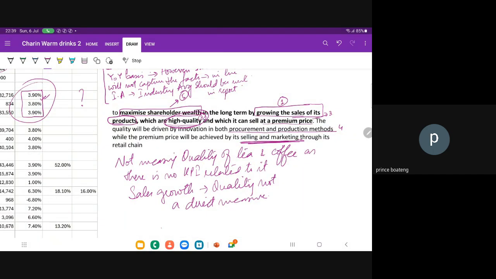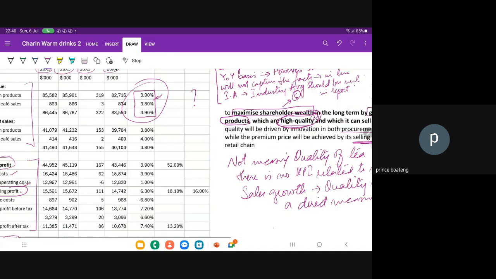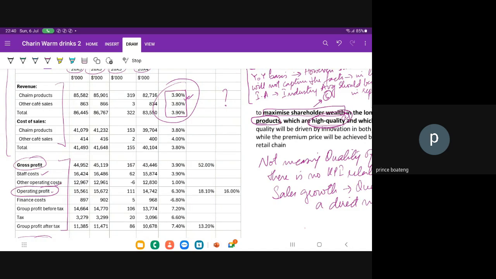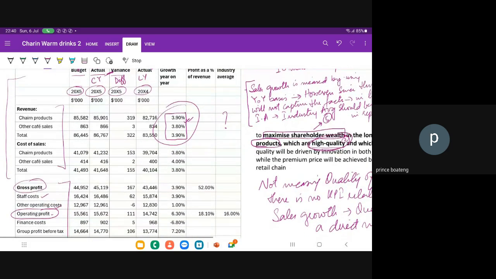Okay. Then it says which it sells at premium prices, right? At premium prices. From this information, revenue is given, cost of sales is given.